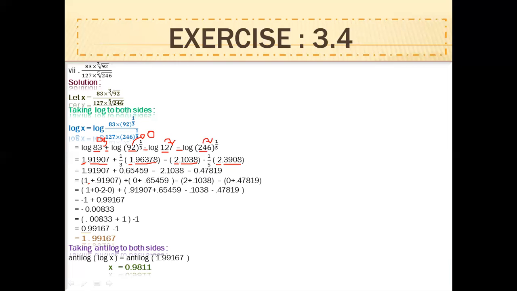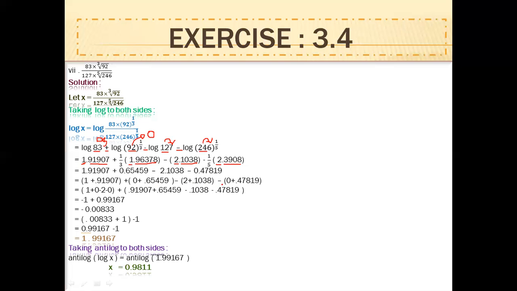Now in the next step, what will we do? We separate the characteristic and the mantissas. We split the number into characteristic and the mantissa: 1 plus 0.91907 plus 0 plus 0.65459 minus, because there is a negative sign here, so before the bracket we put a negative sign and within the bracket we write 2 plus 0.1038.